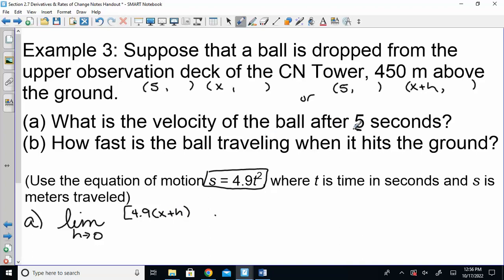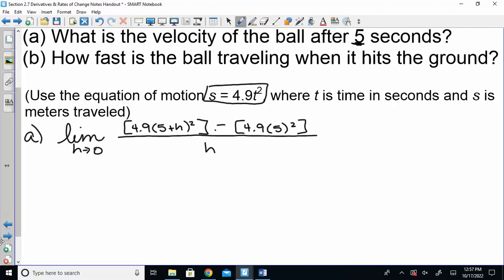Except if I'm at 5 seconds, what is my x? 5. So I could go ahead and change this to a 5 plus h. Minus f of x is when we are at 5, all over h.